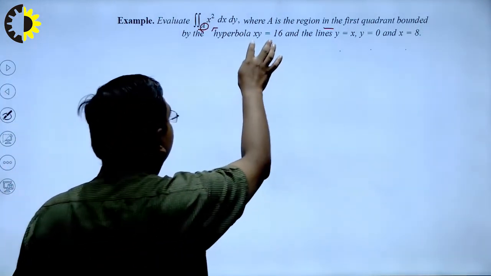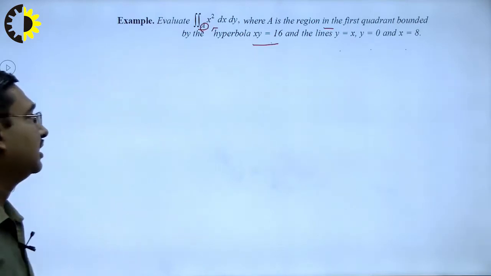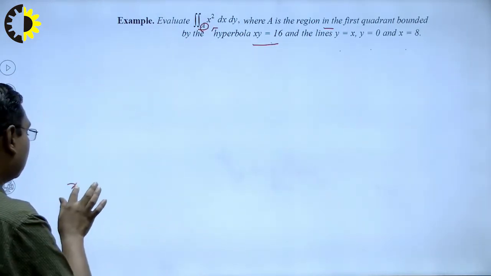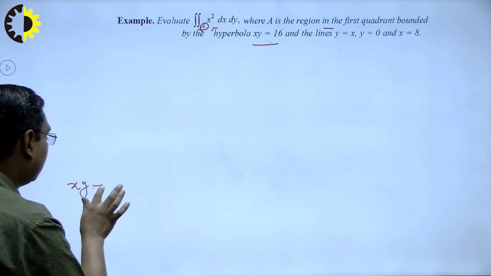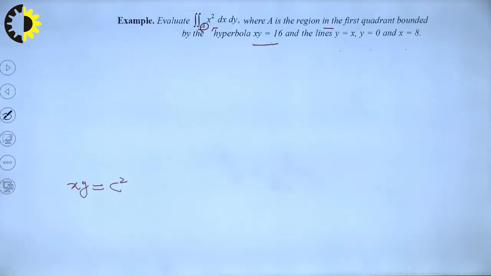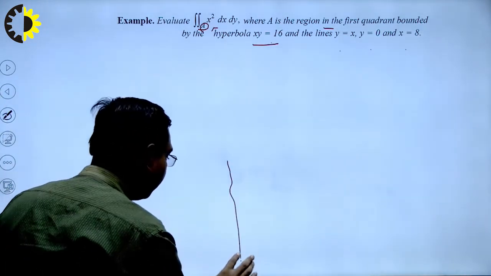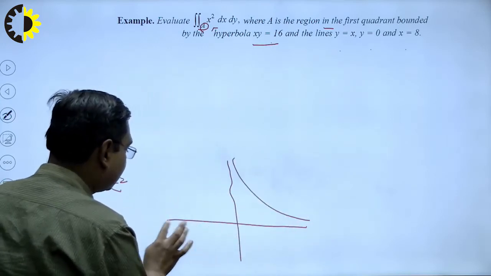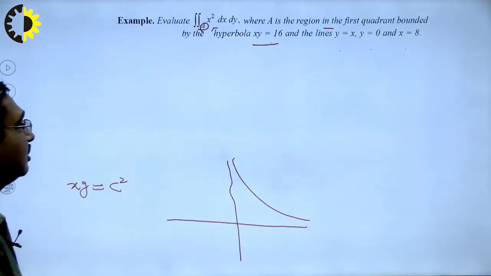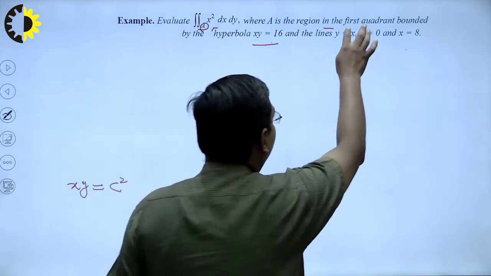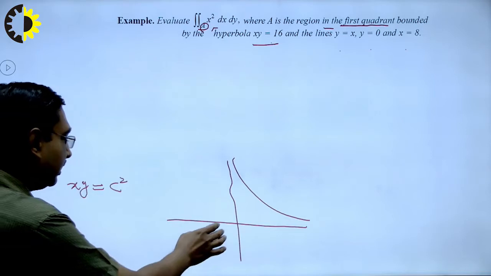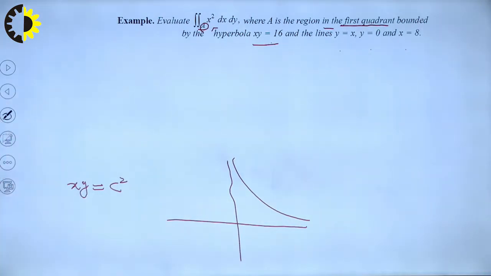We observe that xy equal to 16 is an equation of the form xy equal to c square, which is a rectangular hyperbola. The graph of this rectangular hyperbola lies in the first and third quadrants. Because we are concerned with the first quadrant only, there is no need to draw this part.